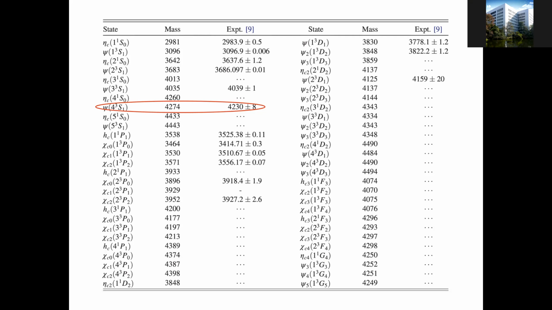The mass is about 4.2 GeV. You can find that this theoretical mass is consistent with the experimental data. We can also use this way to describe the other observed charmonium, and to predict some missing charmonium. We predict many missing charmonium states in this table.